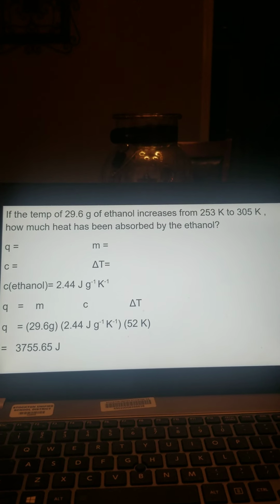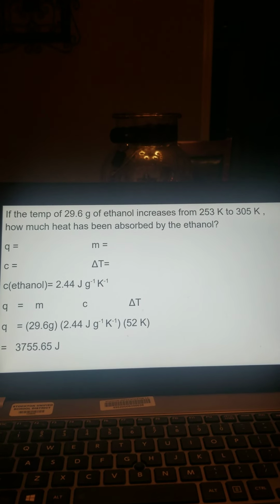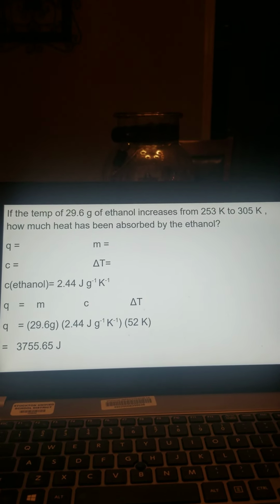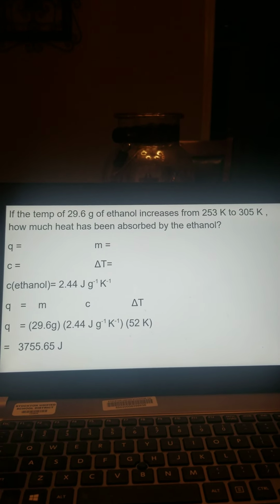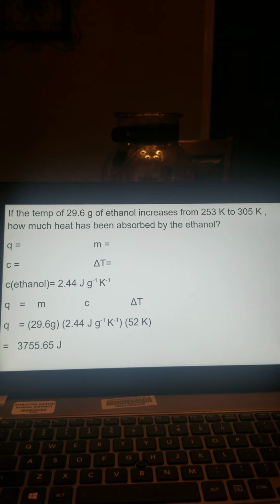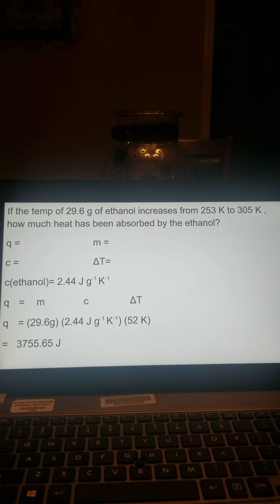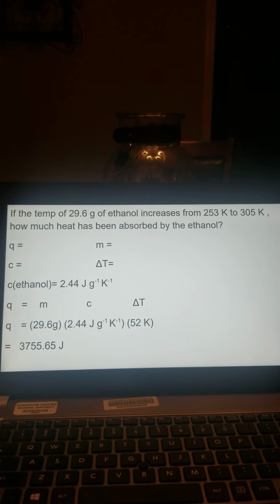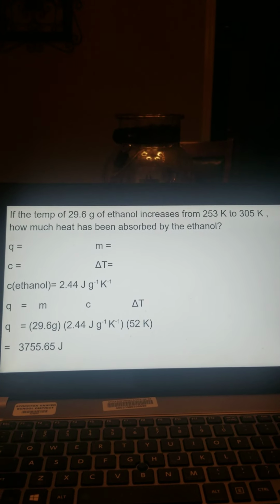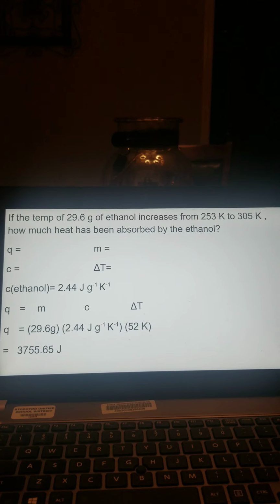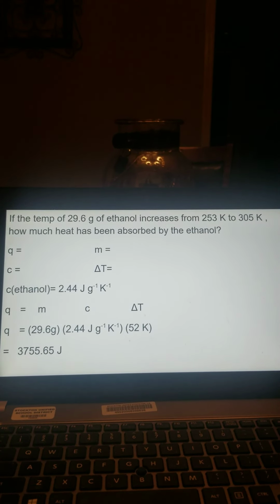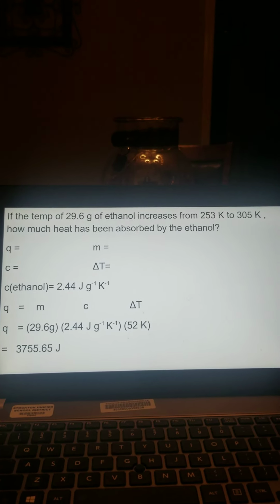So here's an example. If you've got some ethanol and the mass is 29.6 grams, the temperature goes from 253 Kelvin to 305 Kelvin. It wants you to calculate the heat, which again is Q. So Q is what your unknown is. C is going to be given, 2.44 joules per gram per Kelvin is the specific heat of ethanol.